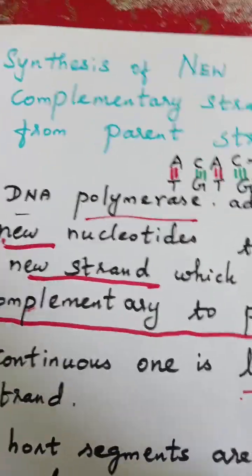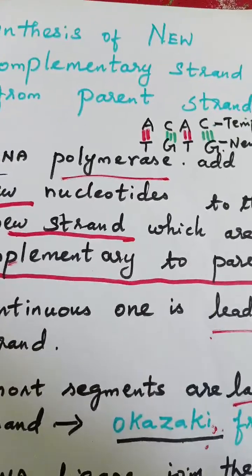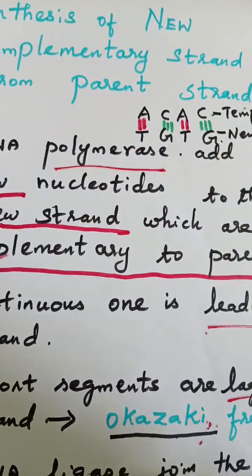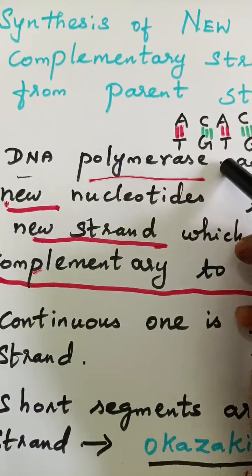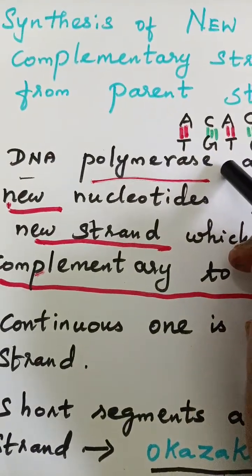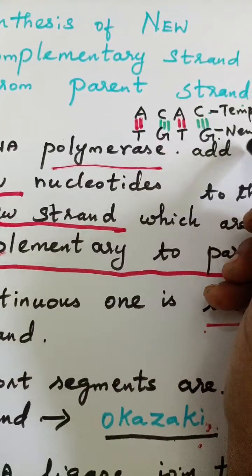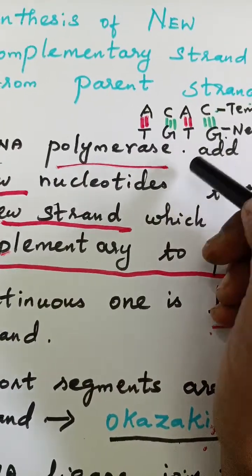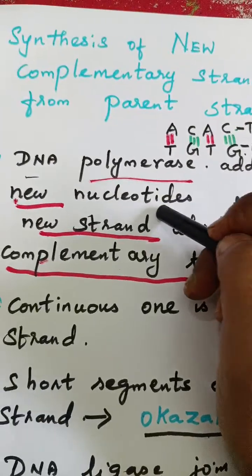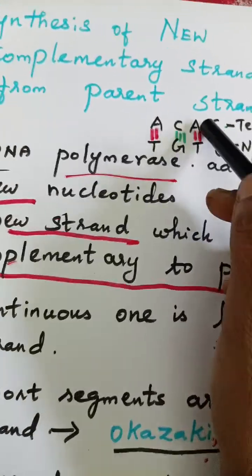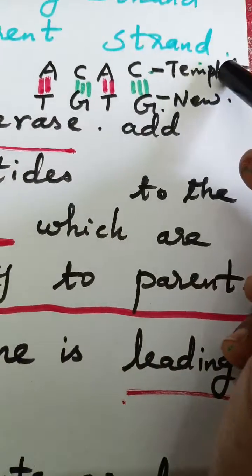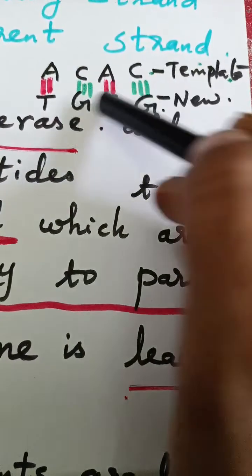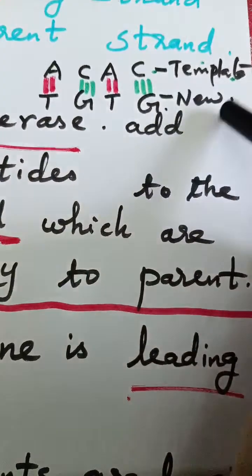So next, the synthesis of a new complementary strand from the parent strand, that's the fourth step. What will happen? Here the polymerase enzyme will start producing the new nucleotides for the new strand, which are complementary to the parent strand. I told you this is the template strand, the parent strand, and the complementary nucleotides will be produced, that is the new strand.